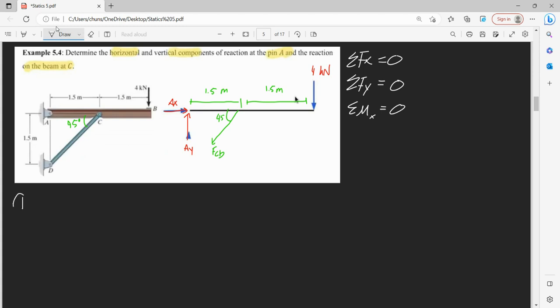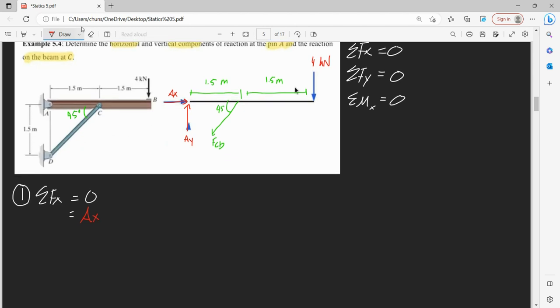So we're going to start with our x directions. So our sum of our Fx forces is equal to 0, which is equal to, and now we only have two x direction forces. So we have Ax in our positive x direction, so we're going to have a positive coefficient in front of it.